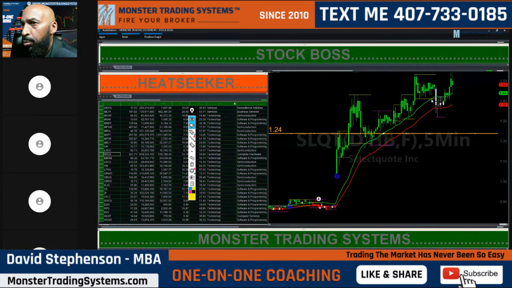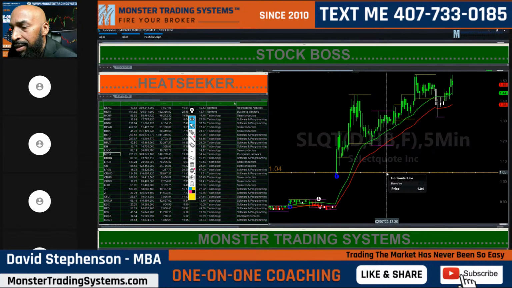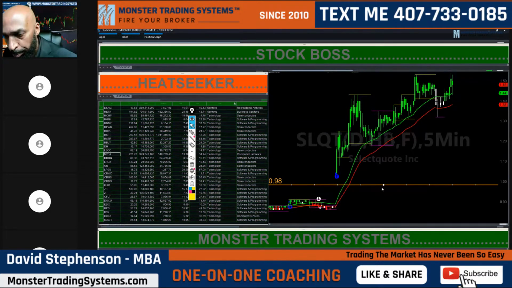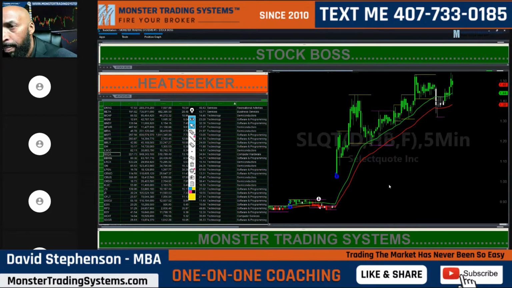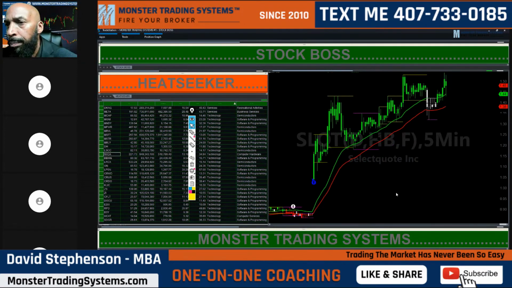It's continuing to move higher. Ideally, we really couldn't trade this because it gapped up. But let's say you got a buy signal here. It's a bad example, because it really gapped up and gave a buy signal here. Ideally, this is what we want when we trade.